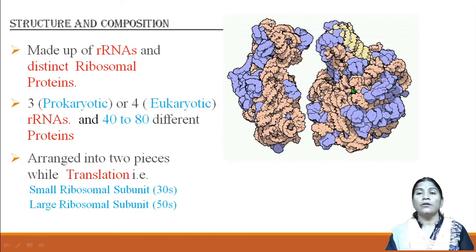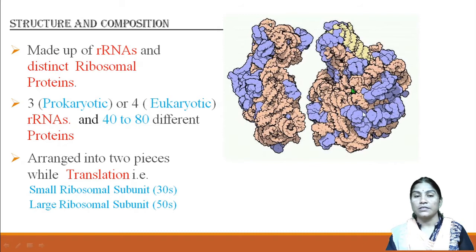So these ribosomes are arranged in two pieces. When we look at the image or picture of the ribosomes, we see that there are two pieces.